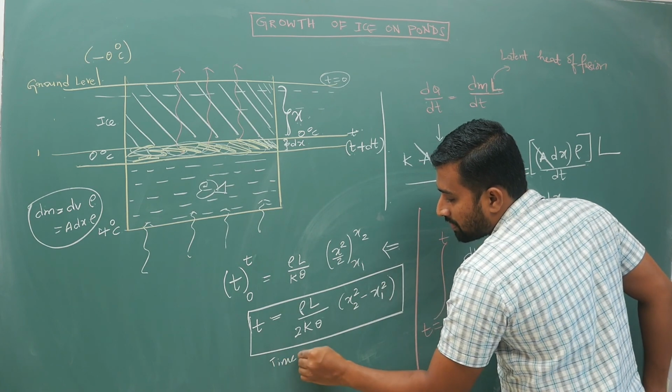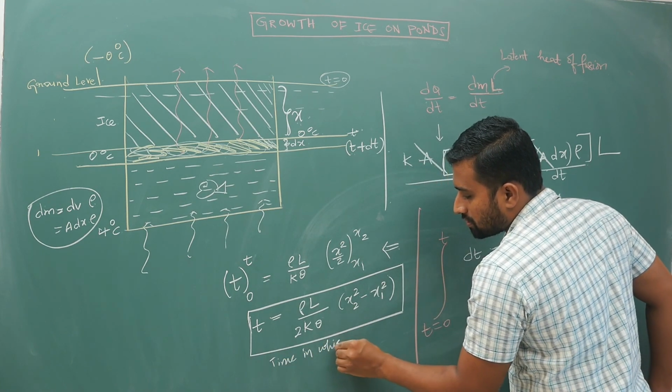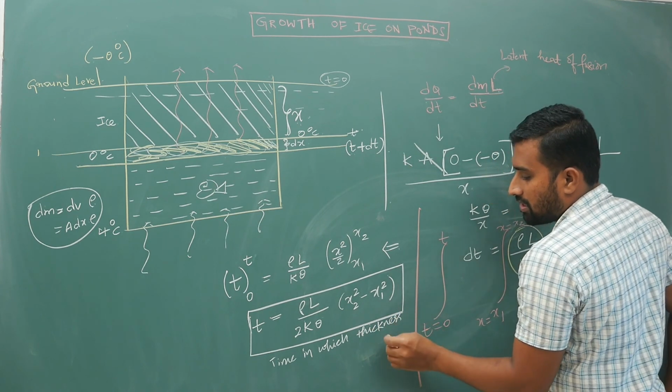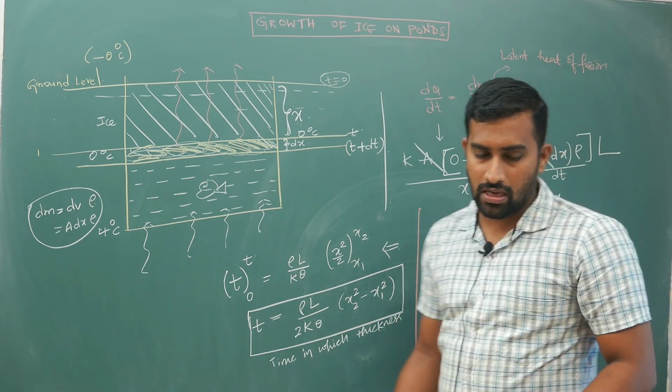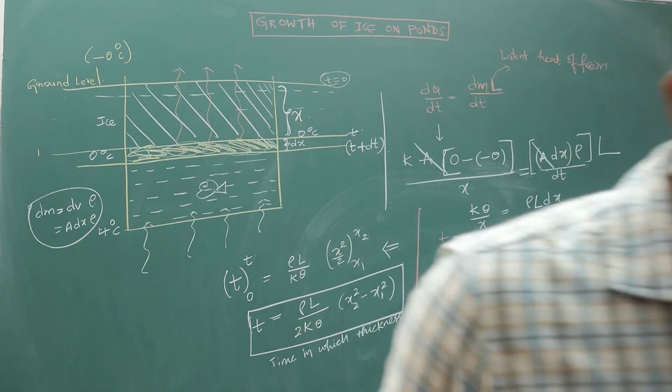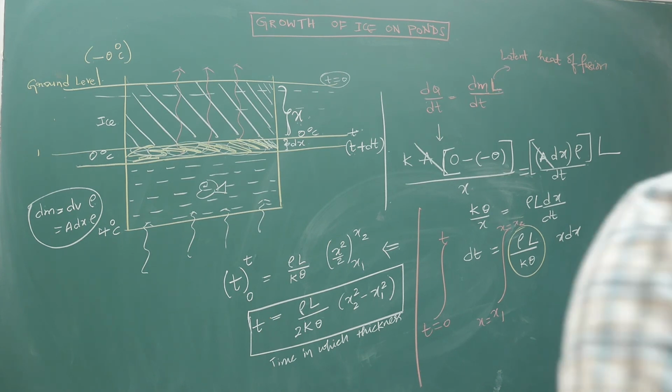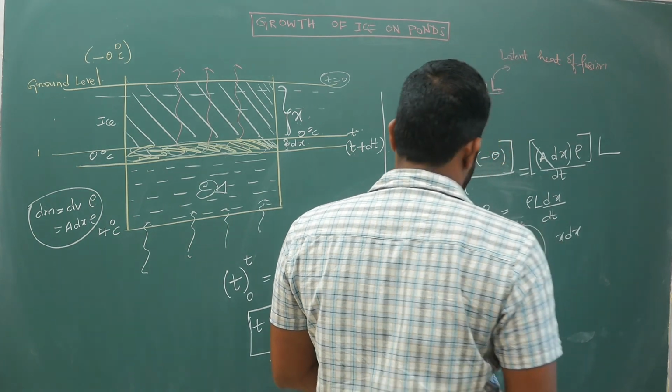This is the time in which the thickness changes from x1 to x2. Let me check whether it is visible clearly in the camera. Yes, it is visible. Right? And here the rate of increase of thickness will be asked.